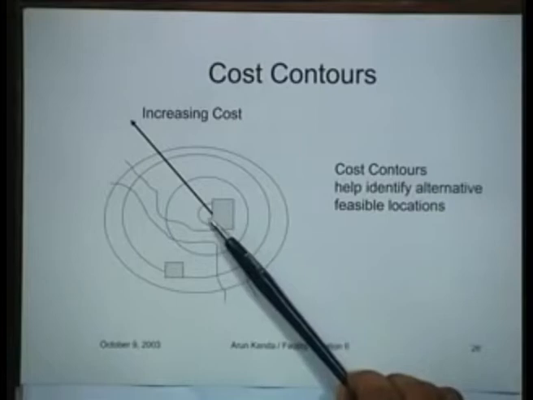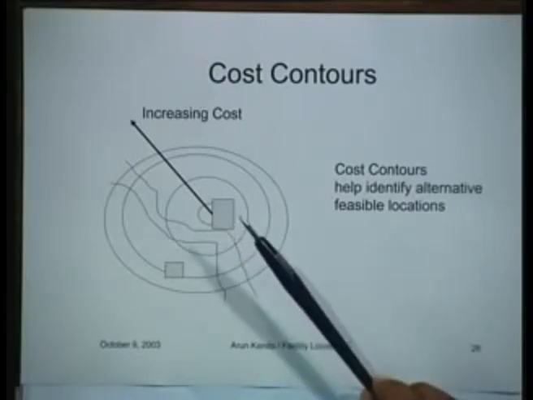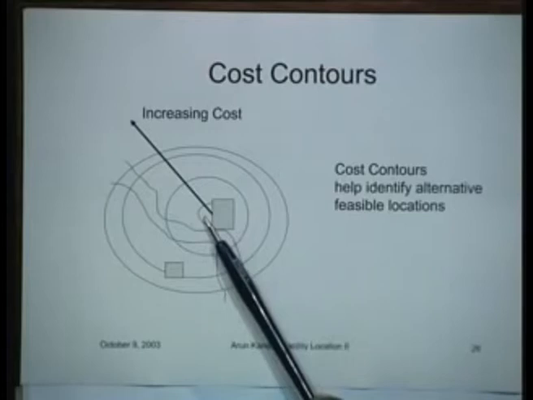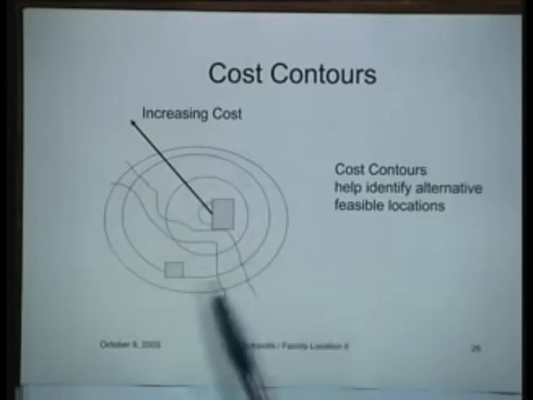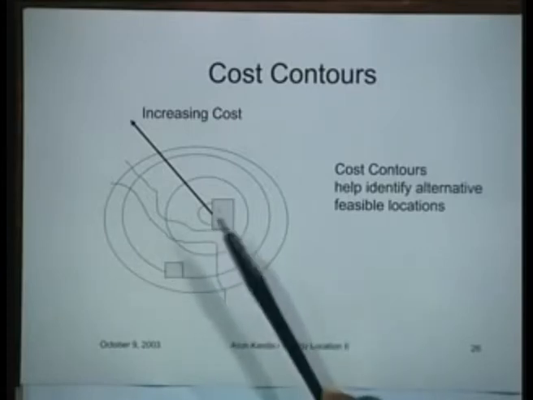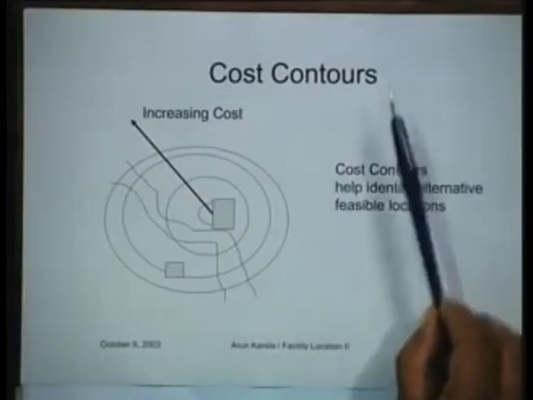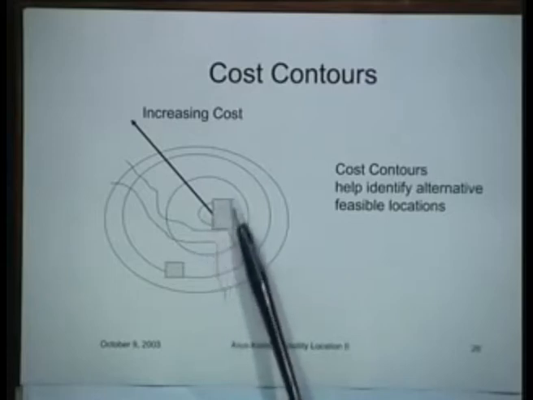Finally, let us look at this complication. For instance, we determine an ideal location by these mathematical procedures. What may happen is that the ideal location may not be available. There might be a building there, there might be a river running through it, or there might be other complications, and you cannot locate, because in determining the ideal solutions, we have not taken into consideration the feasibility of these locations at all, isn't it? So what is interesting is that we can build cost contours. These are lines of constant cost.